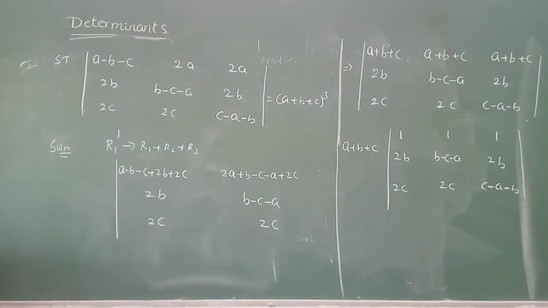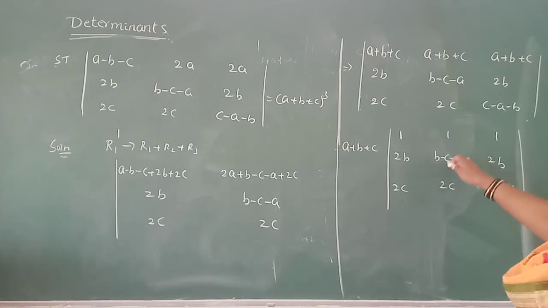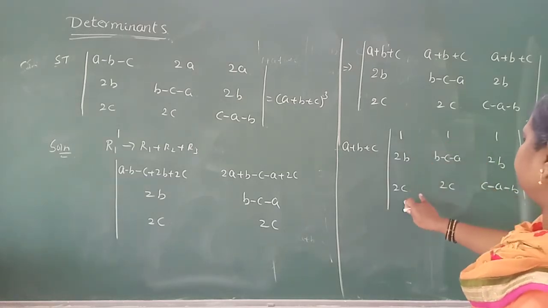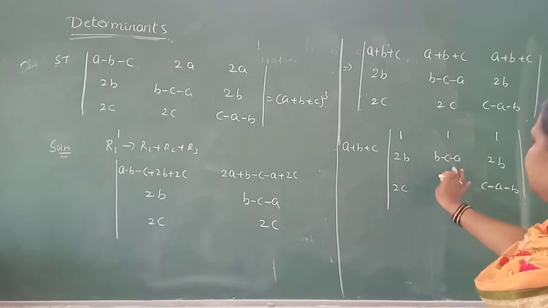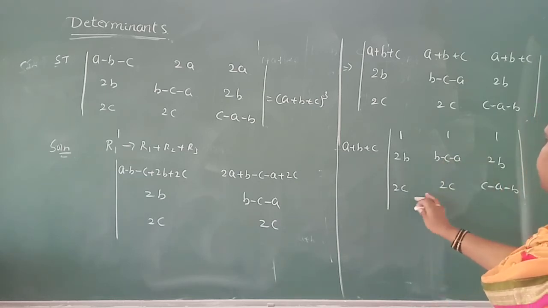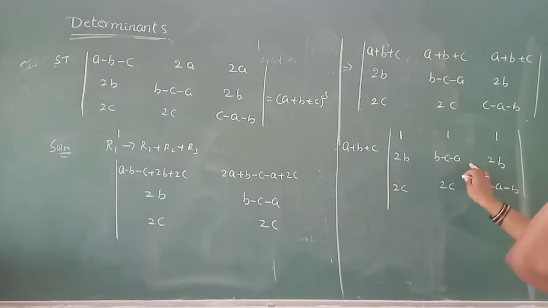For that, how can we do the changes? See, if I do it row wise, it is not possible. Row wise is not possible. If I take column wise, see, column wise is possible. B minus C minus A minus 2B, if I take, we get a simplification, and 2C minus 2C we get.